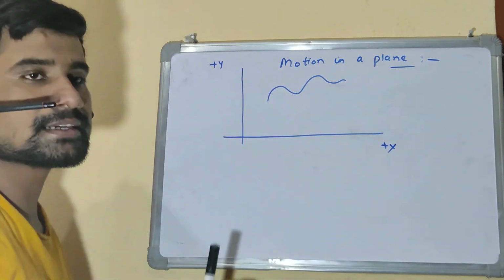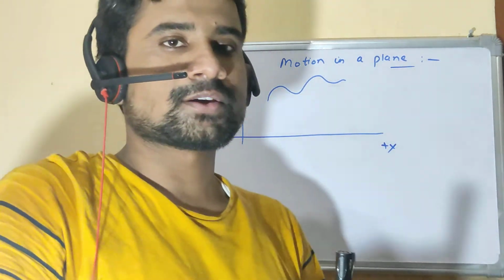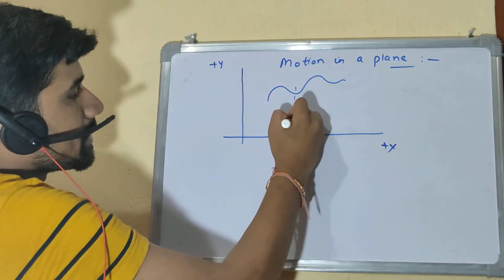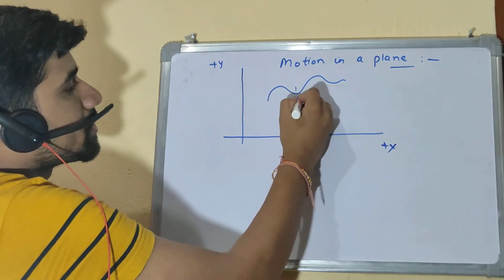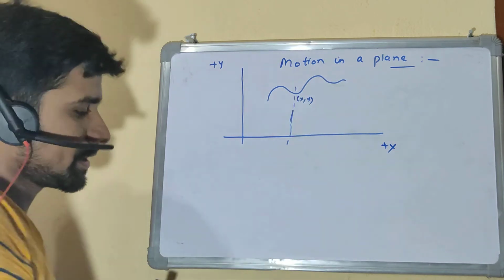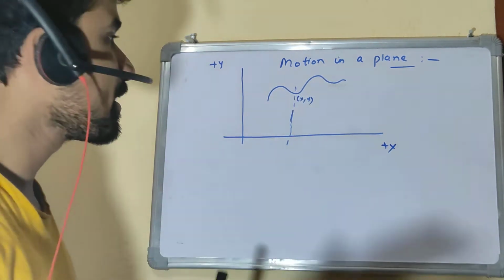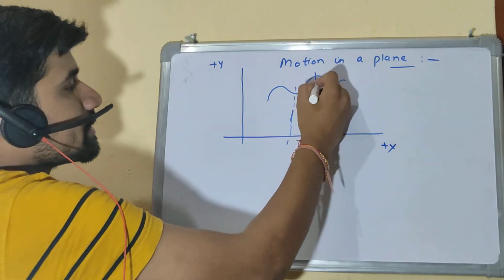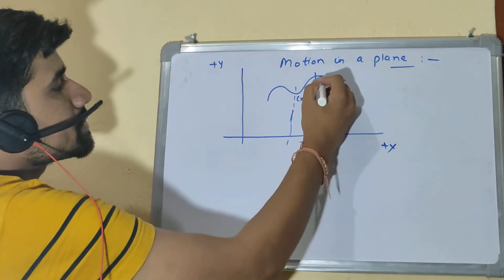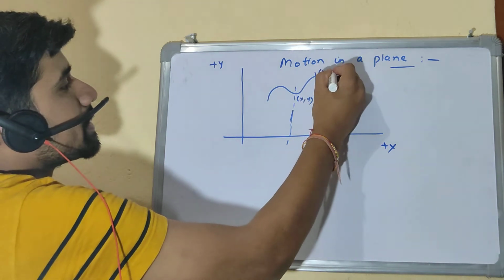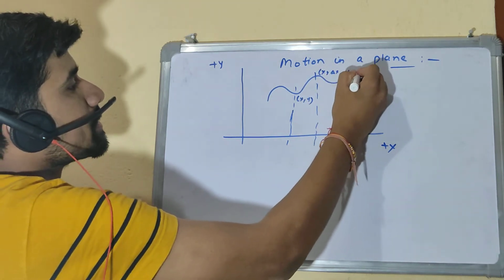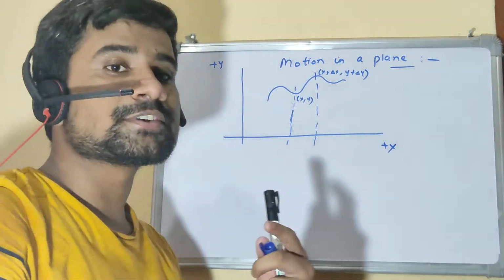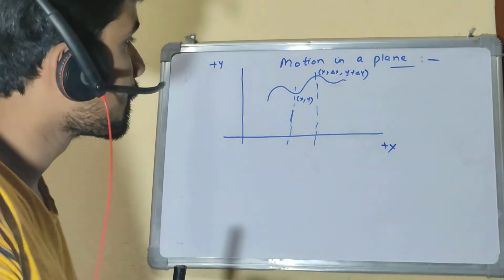At any instance of time, let's say the particle has coordinate x comma y. Let's say at another instance it has some coordinate which is x plus delta x and y plus delta y, right? So it has shifted in x and also in y.